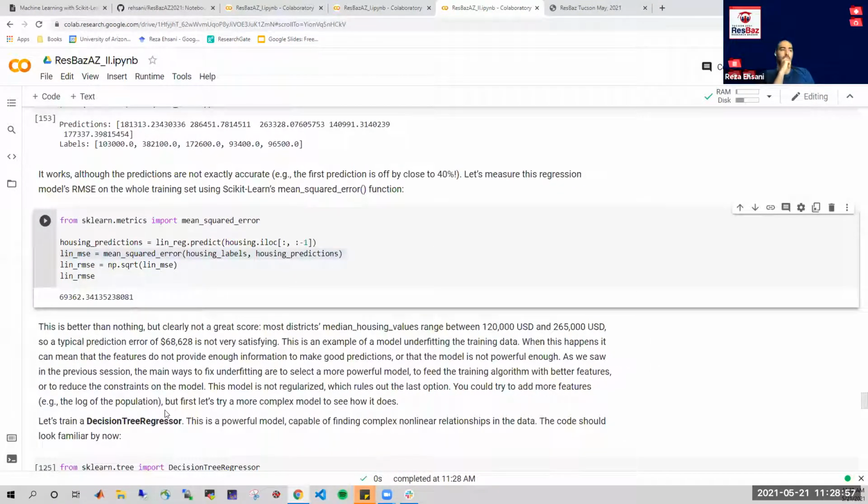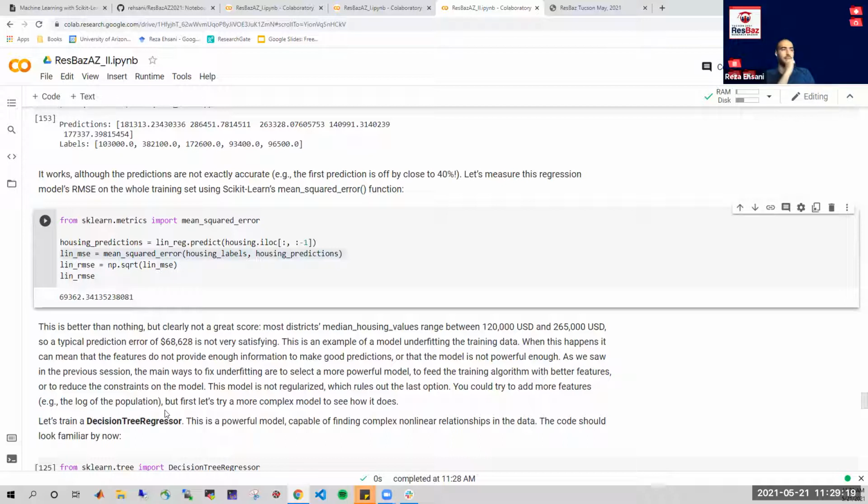This is better than nothing, but clearly not a great score. Most of the districts' median housing values range between 120,000 and 265,000 US dollars, so a typical prediction error of 68,000 is not very satisfying. This is an example of underfitting the training data.